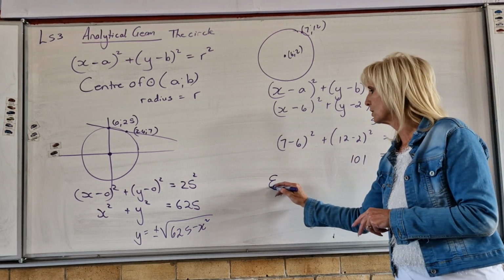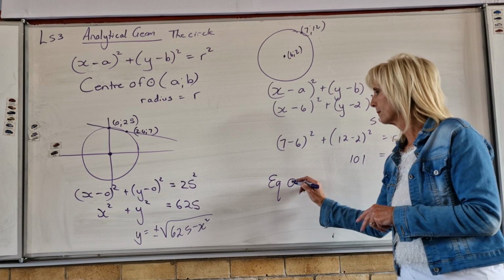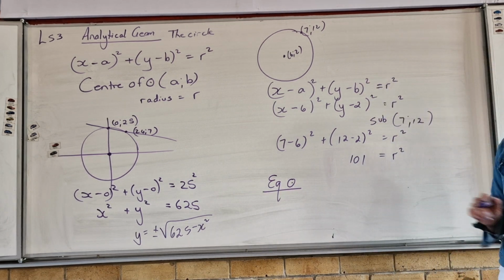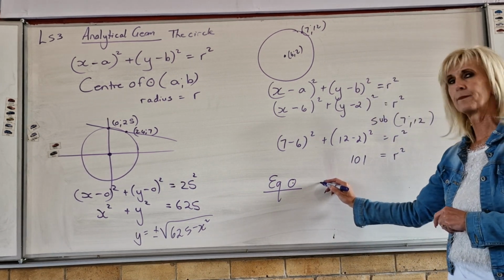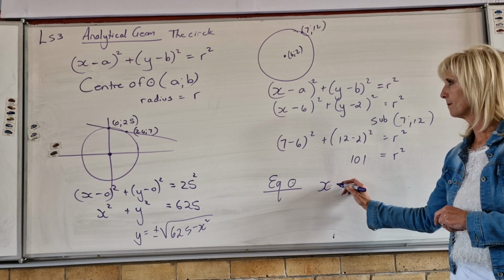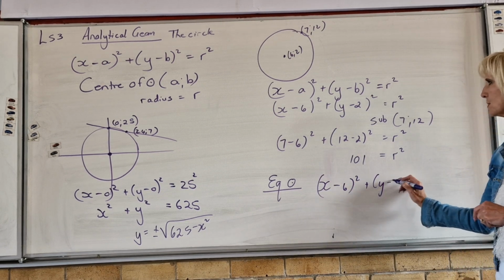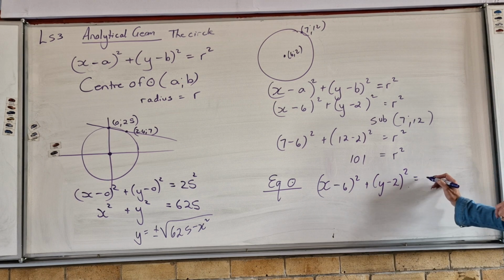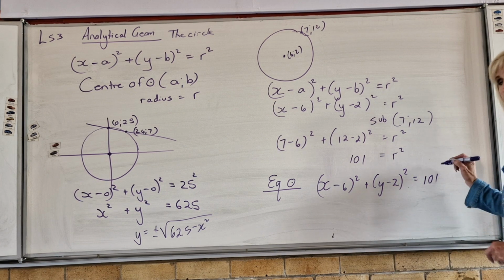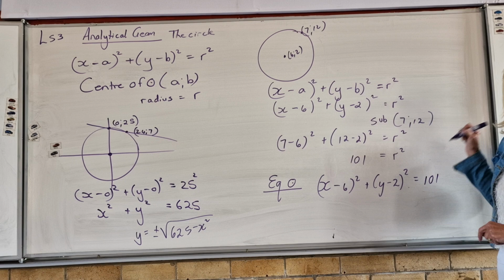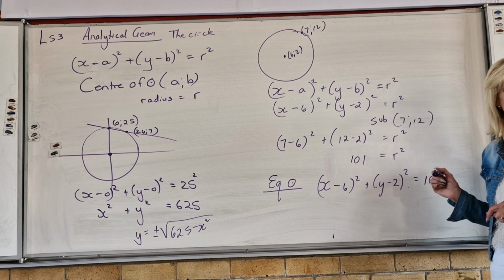I just wanted you to give me the equation of the circle, and the equation of the circle is (x minus 6) squared plus (y minus 2) squared equal to 101. Please remember that this must be the radius squared, not just the radius.